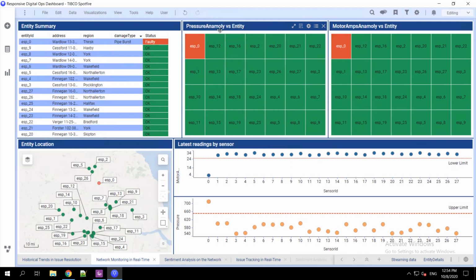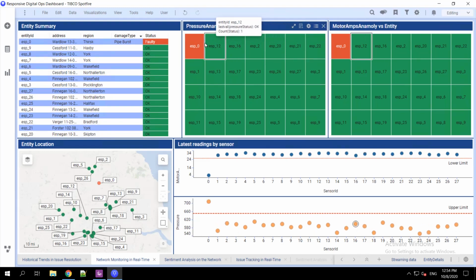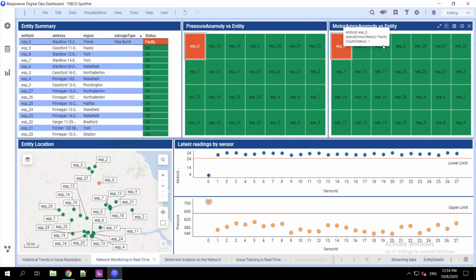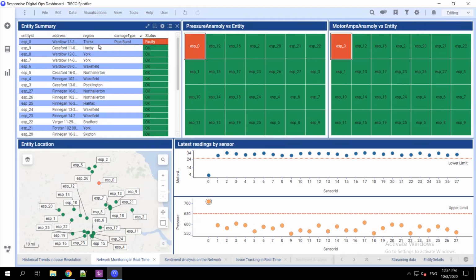We are looking for pressure anomalies in this particular plot. You can see that at location ESB 0 we just got a pressure anomaly and a motor amps anomaly. The status of this particular sensor has changed to faulty, and there is a pipe burst at this particular location.